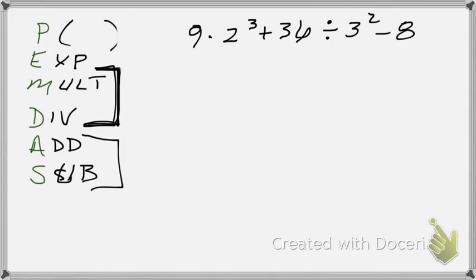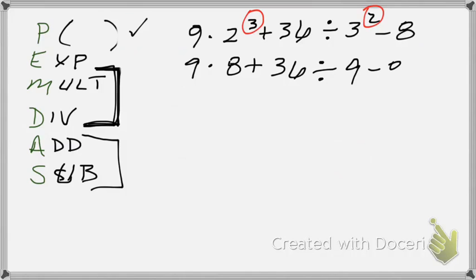Okay. No parentheses. We've got a couple exponents here. We've got one there and one there. So we're not going to do anything else except those exponents. 9 times 2 times 2 times 2, multiply 2 by itself 3 times, is 8, plus 36, divided by 3 times 3 is 9, minus 8.